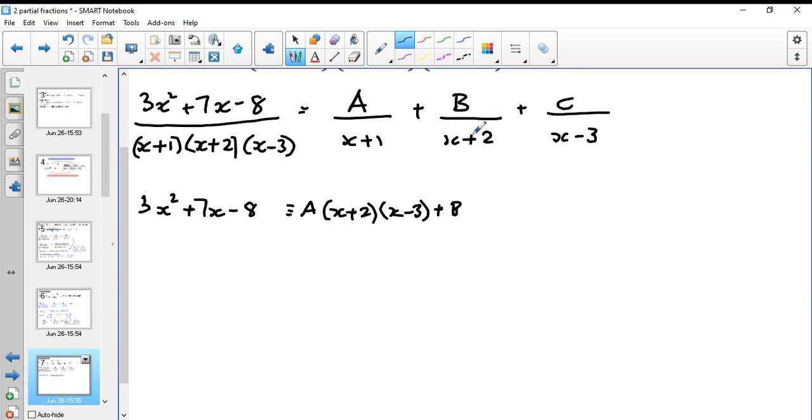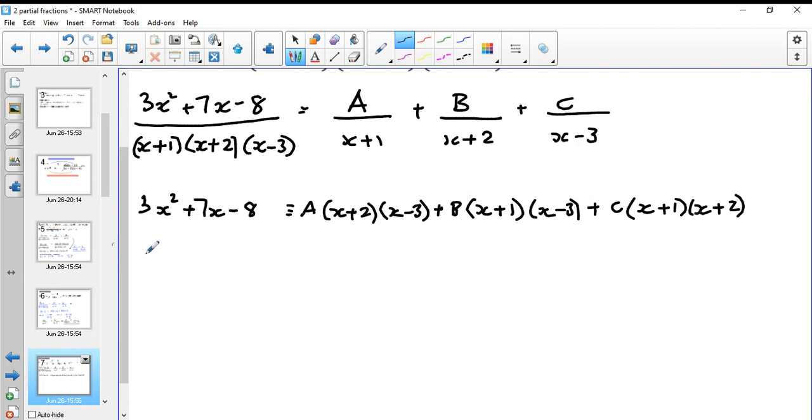To get from here to here, we need to multiply by these 2 brackets. And then to get from here to here, we need to multiply by these 2 brackets. Okay, so it's the same process, this is just longer, that's all.